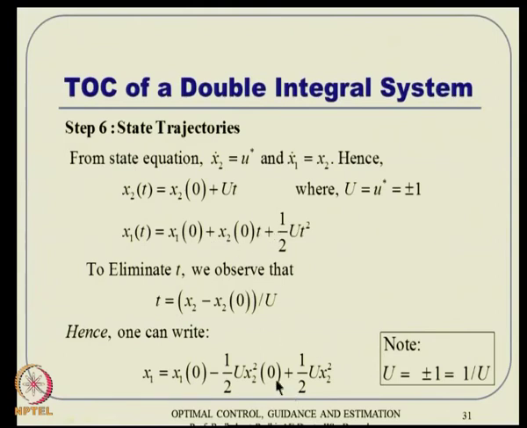Also observe that if u is plus or minus 1, 1 by u is also plus or minus 1, so wherever 1 by u is there, you can substitute capital U again. So this is an expression between x1 and x2, including the initial conditions for x1 and x2, and don't forget that. The moment I know the initial conditions for x1 and x2, x1 at any time and x2 at any time can be written that way.